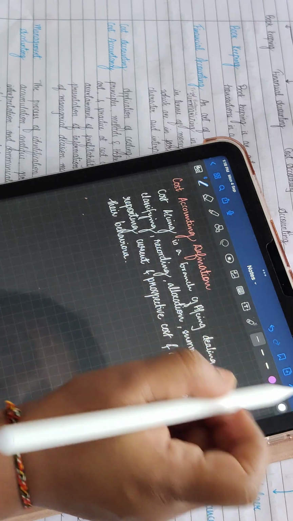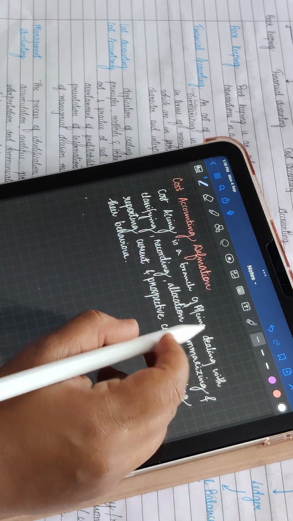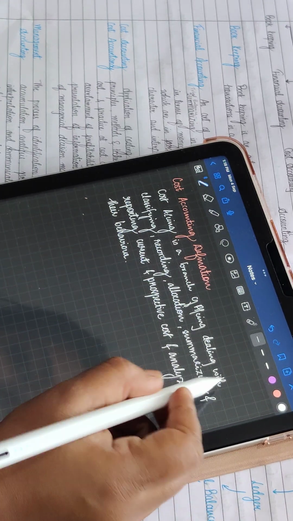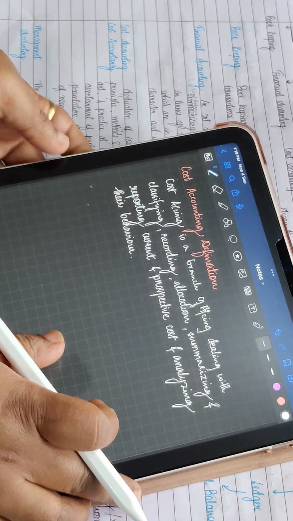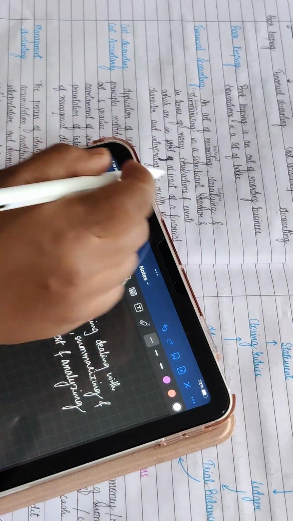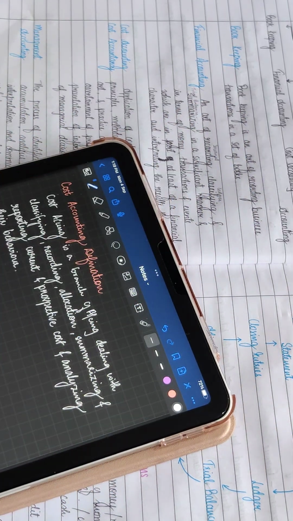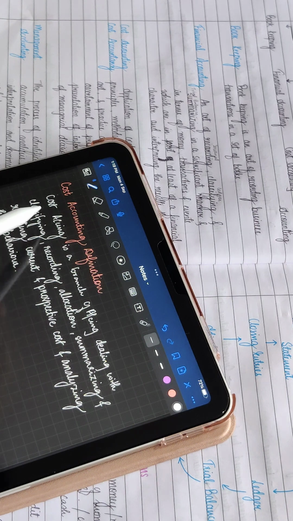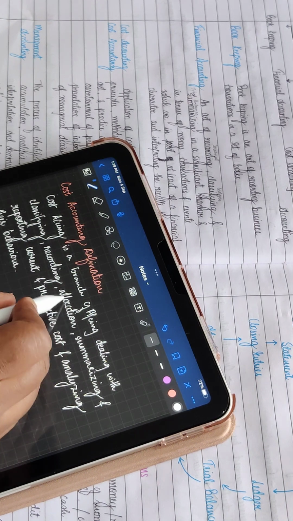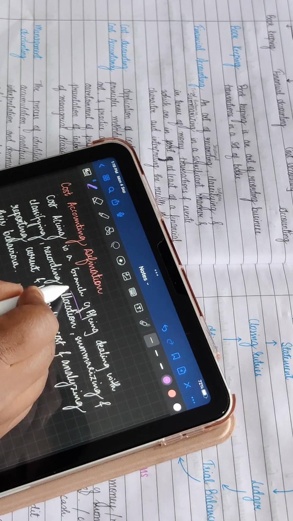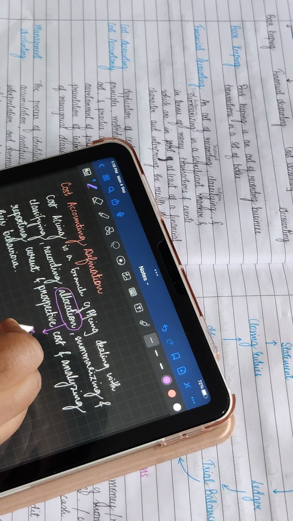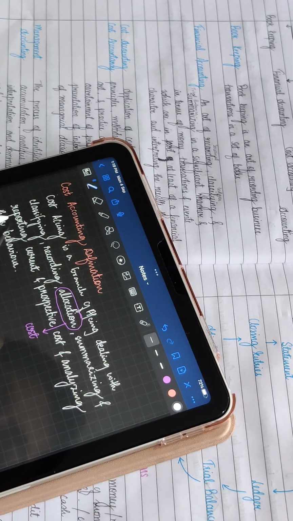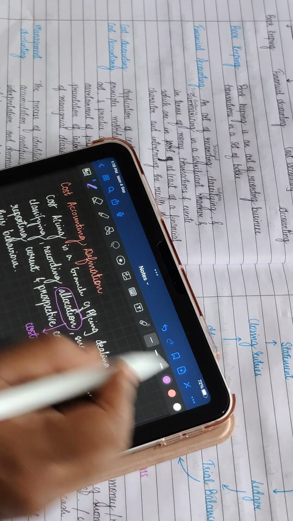So what it means? Cost accounting, it is a branch of accounting dealing with classifying, same as it was in financial accounting. We classify, we record. Same in cost accounting, we classify, we record. Here the only change is allocation. We allocate the cost. Then we summarize it, and reporting current and prospective.